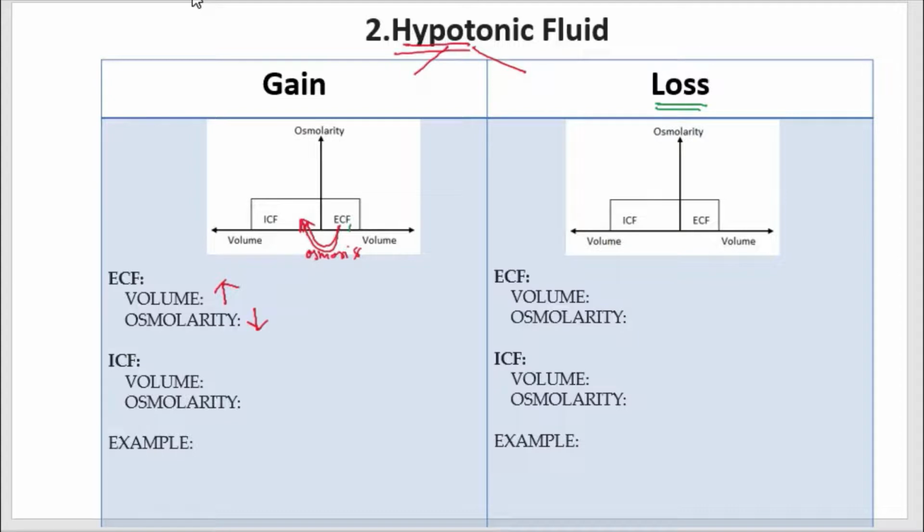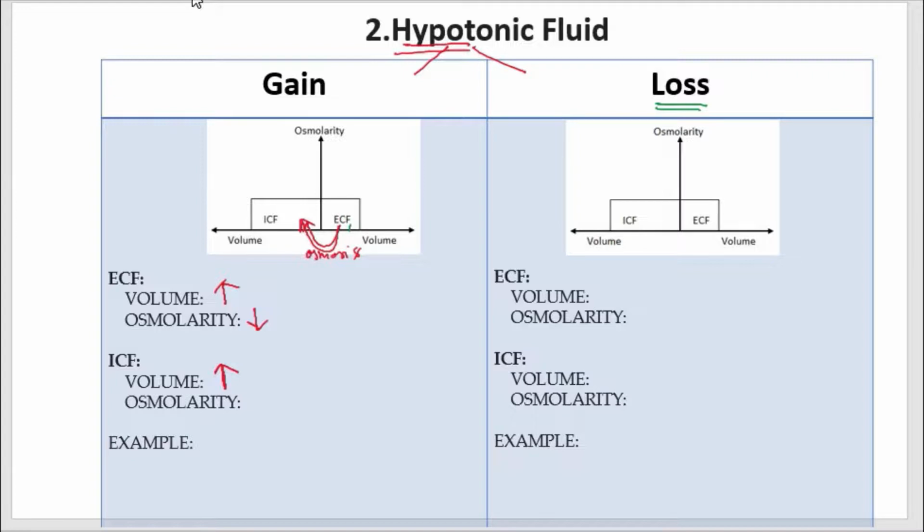When this osmosis occurs, the ICF volume is going to increase, as there is a shift of water from the ECF compartment to the ICF, and the osmolarity of ICF will be reduced until the new equilibrium is reached.